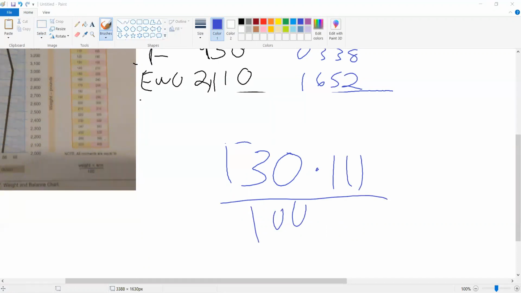That should give us our answer. 130 times 111 divided by 100 equals 144.3.